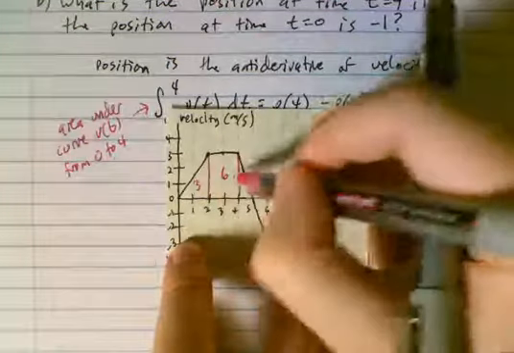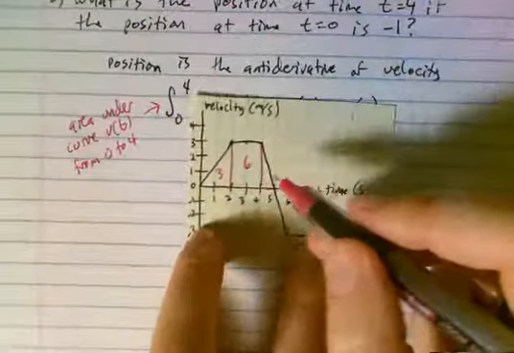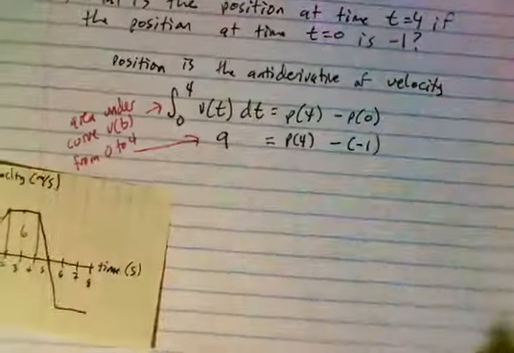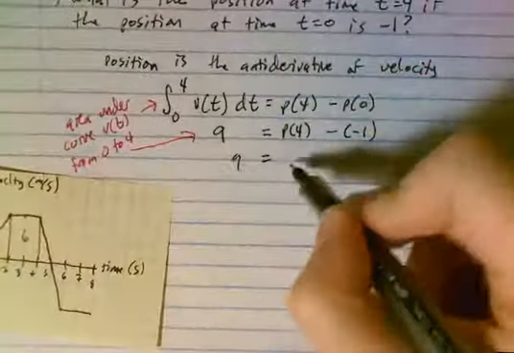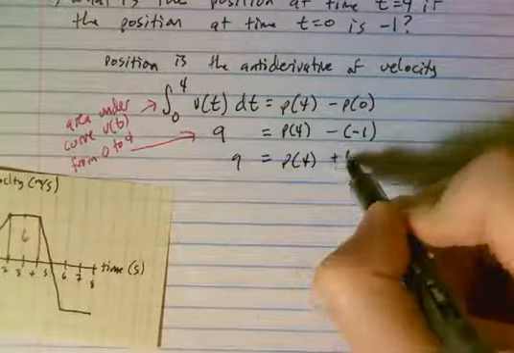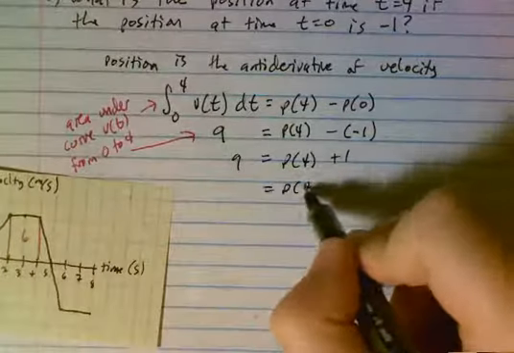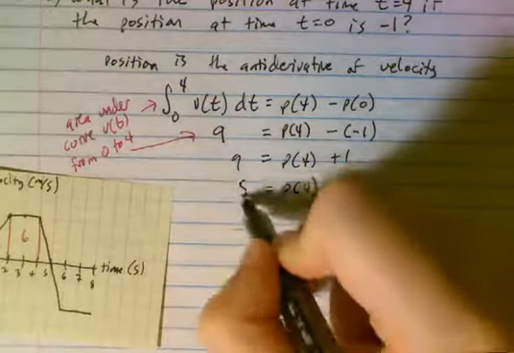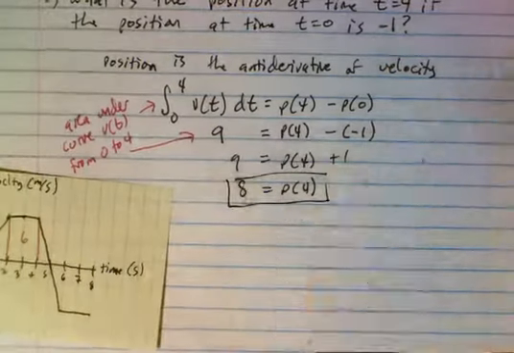This is 6. If I add that up, the area under the curve is 9. Subtract 1 from both sides, and there we go.